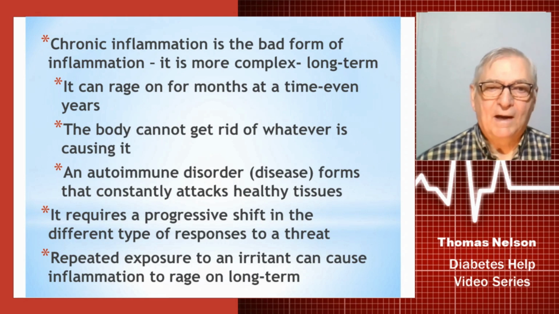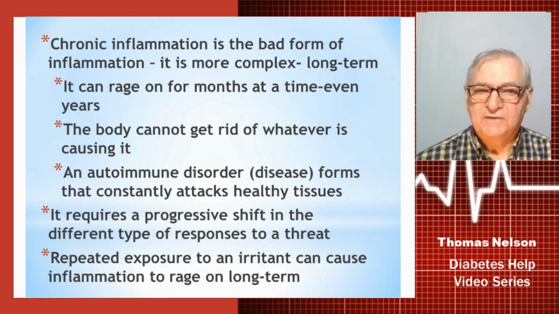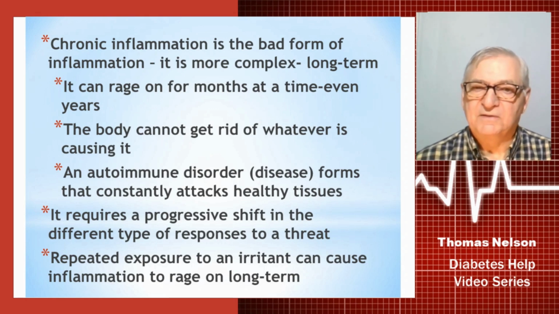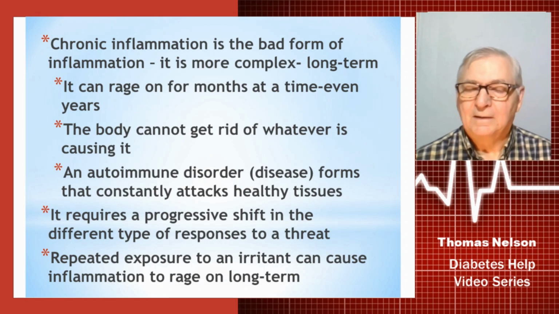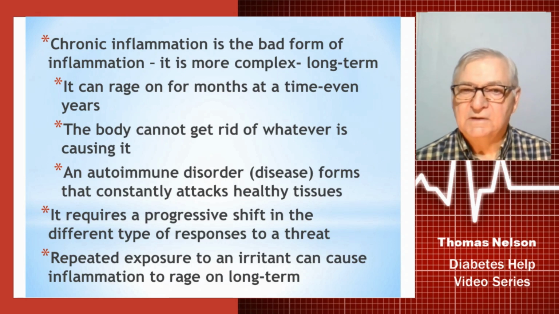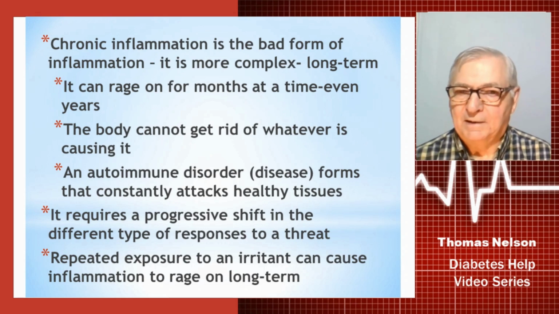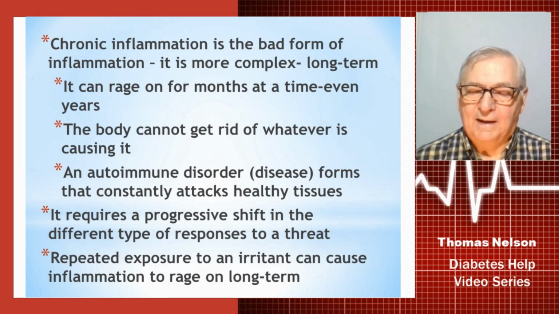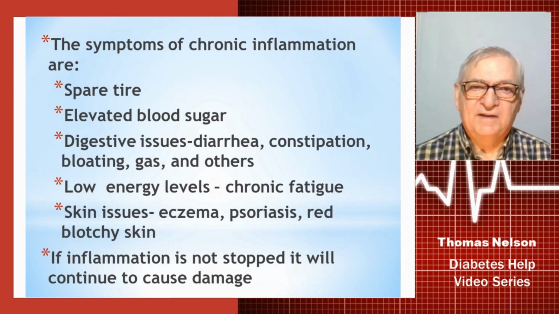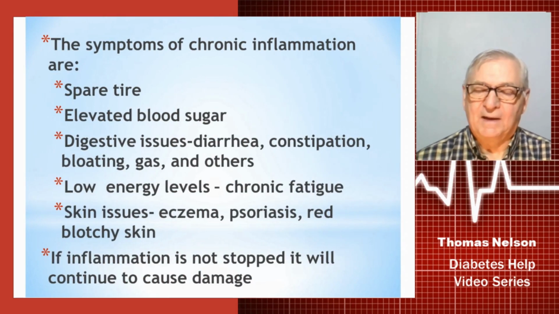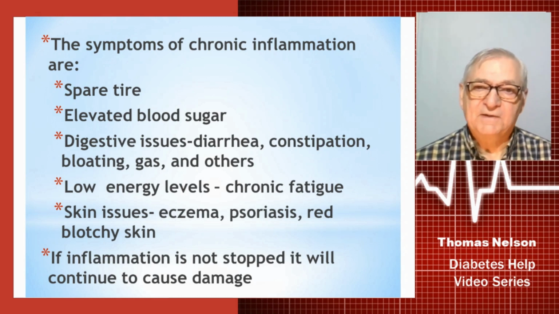So it's going to require a progressive shift in the different types of responses to each threat. Repeated exposure to an irritant can cause that inflammation to rage on long term, like eating processed foods, junk food, or even fast food every single day or meal after meal. That is really going to push this forward. So the symptoms of chronic inflammation: if you have a spare tire or a pot belly, you have inflammation going on.